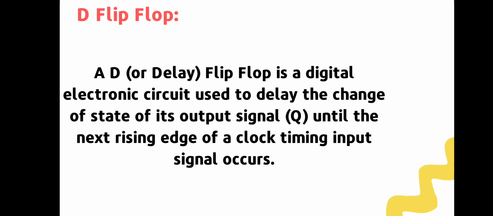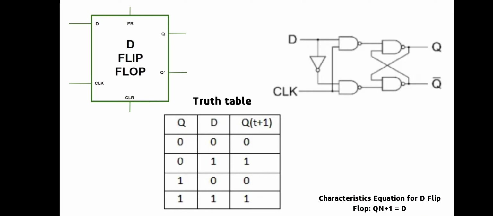D flip-flop is a digital electronic circuit used to delay the change of state of its output signal until the next rising edge of a clock timing input signal occurs. D flip-flop, the characteristic equation.